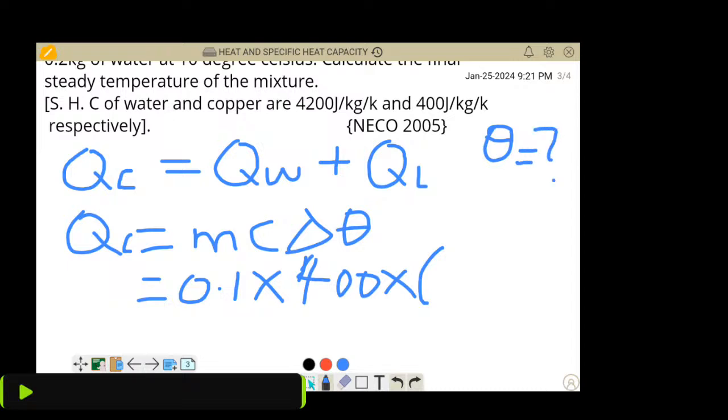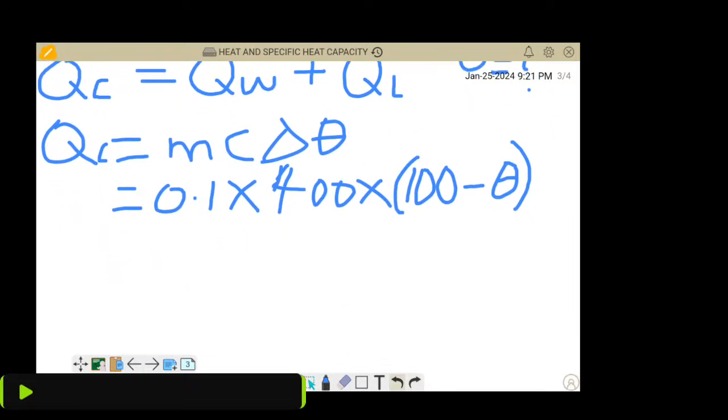Okay. Now, this is just a general idea. When something is very hot and you transfer it to a cold object, definitely the final temperature will be less than the initial temperature of the hot body. So that makes the change in temperature of copper metal to be 100, which is the initial temperature of the copper, minus the final temperature of the mixture. Mathematically, this equation turns to something like this.